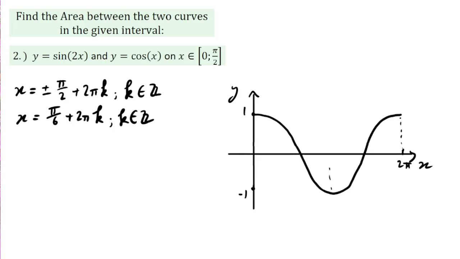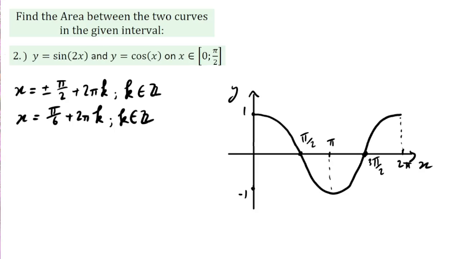Here is a point, which is going to be pi. This is going to be pi over 2, and this one is going to be 3 pi over 2. Okay.